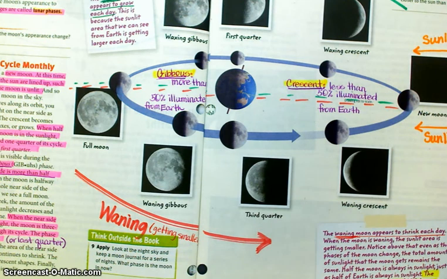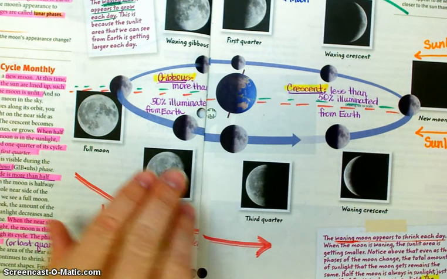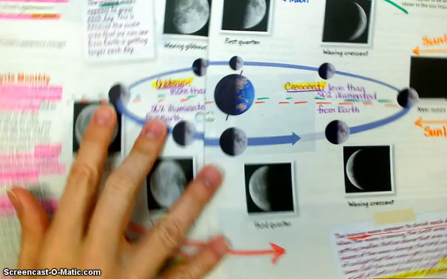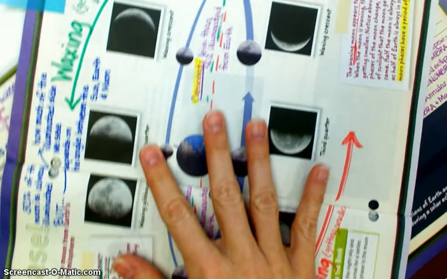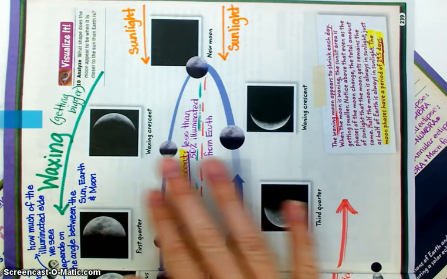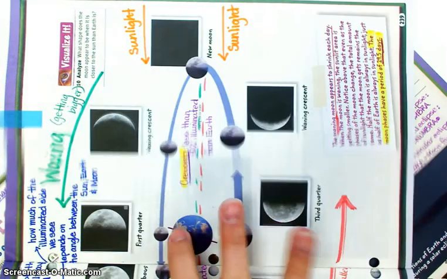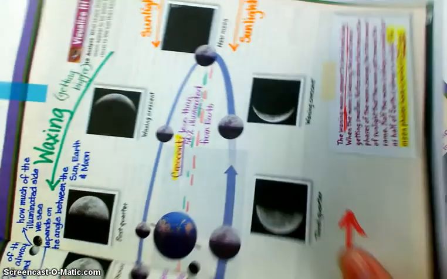Okay? All right, so this is just a really important diagram. And just remember, it doesn't matter if the sunlight's coming in from the right or from the top, whatever. Remember that the new moon is always in between the sun and the Earth, and then you go counterclockwise for the rest of your phases.